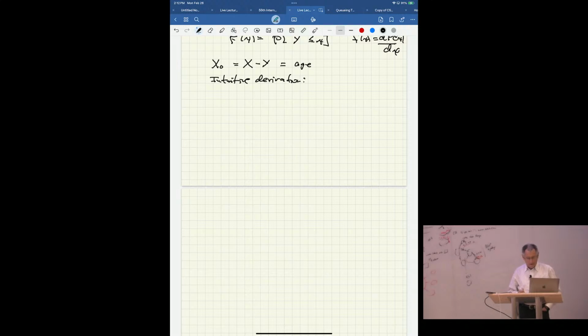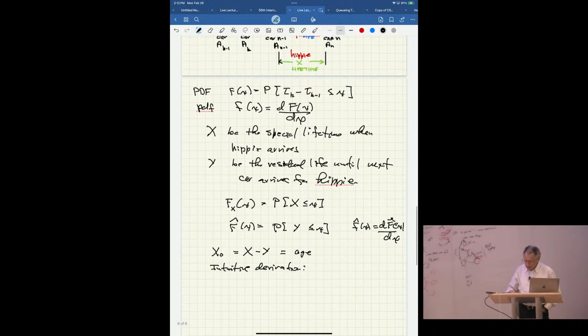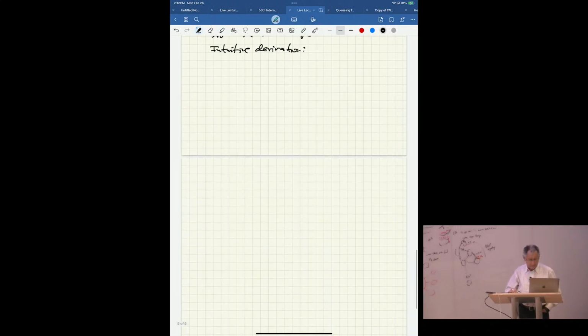Now, the length of this chosen interval, capital X, the one he arrives in, is going to be proportional to its probability as well as proportional to its length. The longer it is, the more likely you're going to fall into such an interval. So I'm going to make that observation.